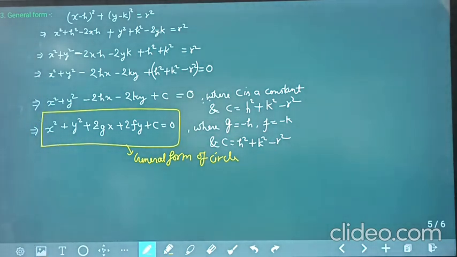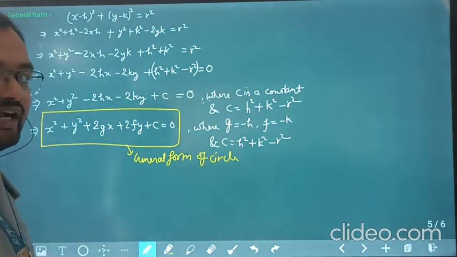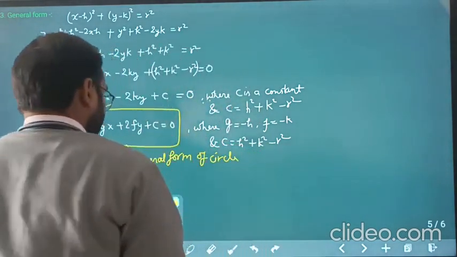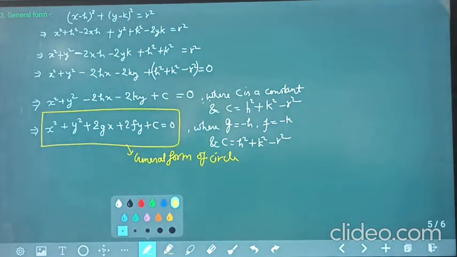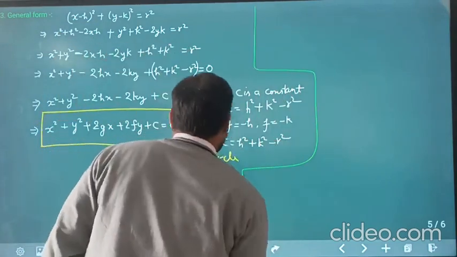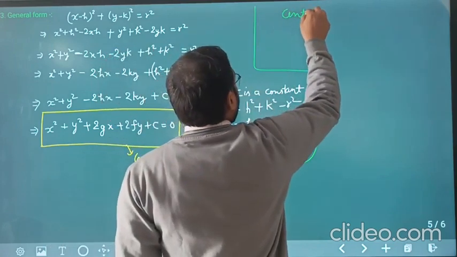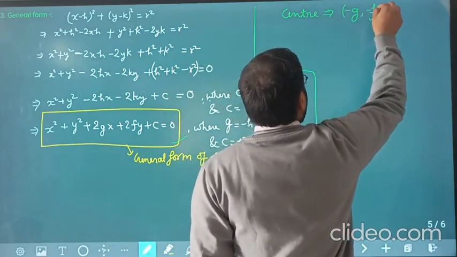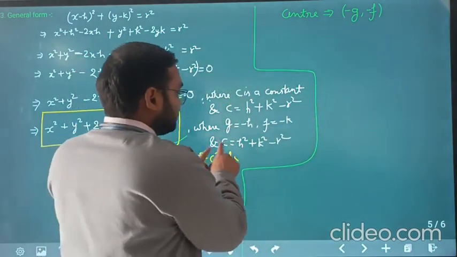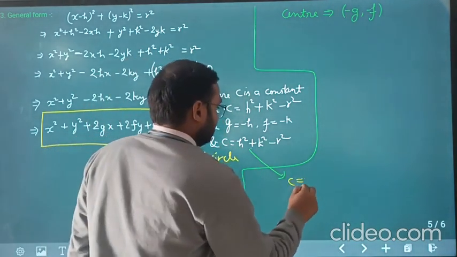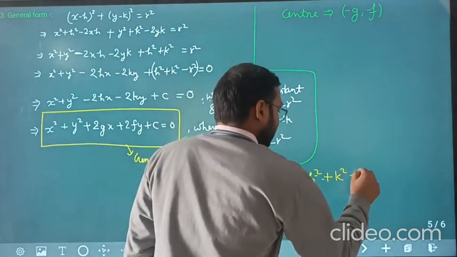If this is the general form, and we have to find the radius and the center, then the center in this form is (minus g, minus f), and as you know, c is equal to h square plus k square minus r square.